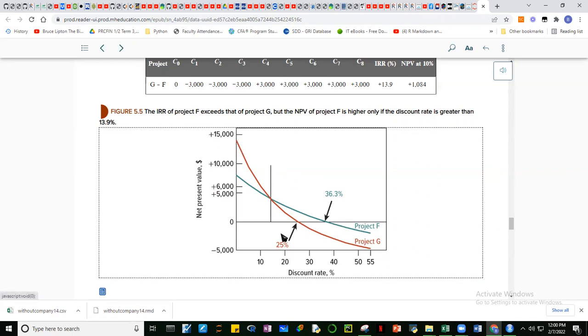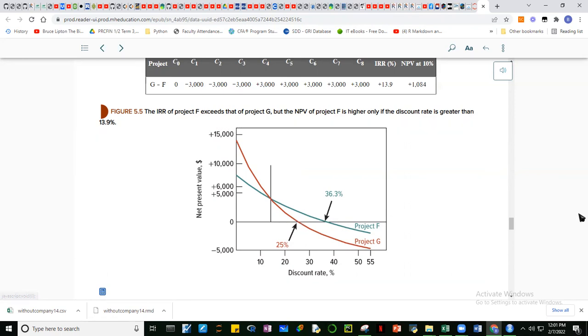'Di ba? Ito in-explain natin. And this is the crossover rate, no? Ito yung equal sila ng NPV. But lower than this, guys, mas maganda si project G. Higher than this crossover rate, mas maganda si project F, which we're going to do in a while.